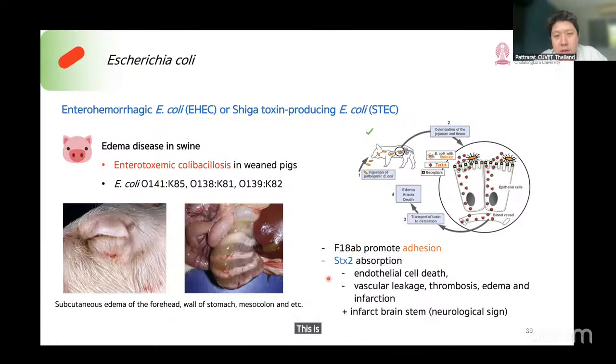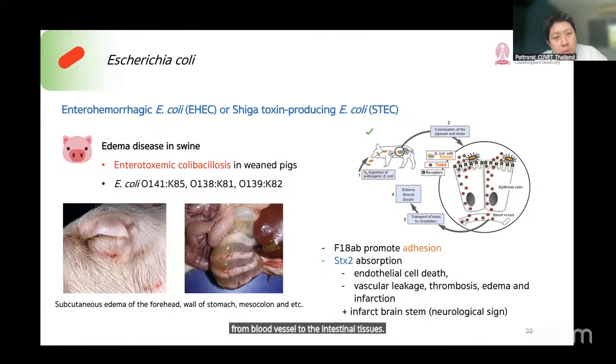This is a toxin similar to Shiga toxin, but this causes disease in pigs. The mechanism is the same because STX2 causes endothelial cell damage, which can cause vascular leakage from blood vessels into the tissues.